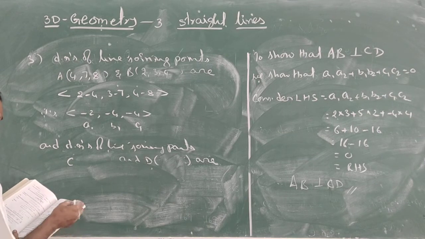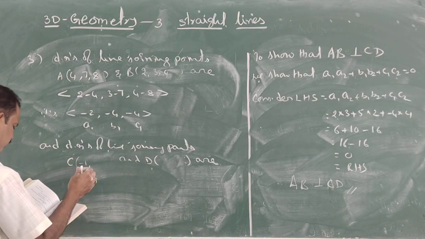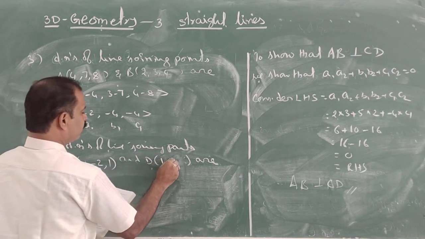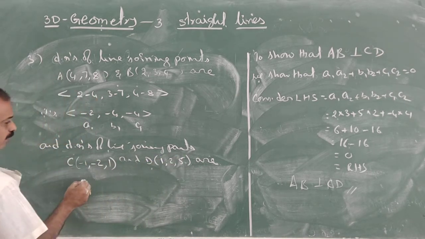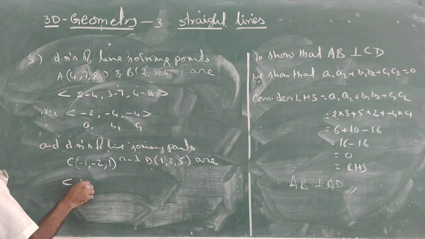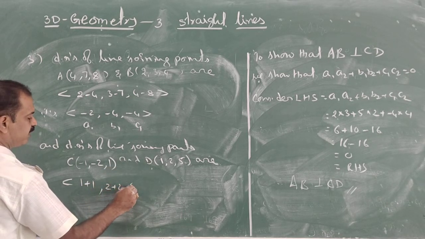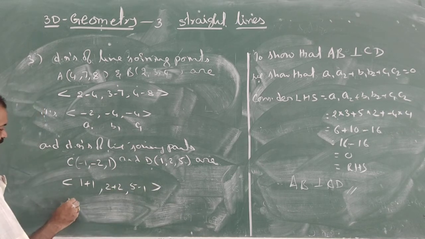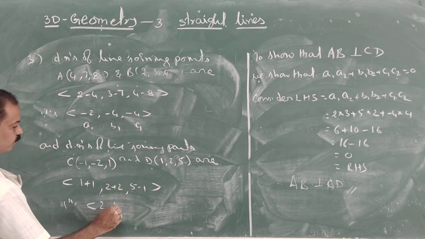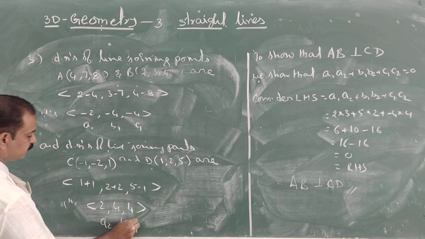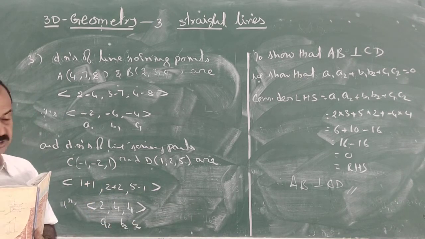Another line is C of -1, -2, 1 and D of 1, 2, 5. DRs are 1 plus 1, 2 plus 2, 5 minus 1. That is 2, 4, 4. You can name it as A2, B2, C2.